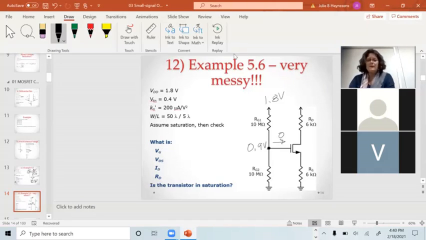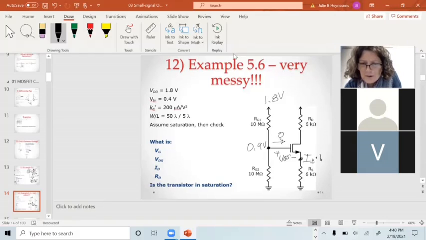I can write an equation here. This is VGS. And this voltage right here, VS, would be ID times RS because it's referenced to ground. This forms a mini KVL loop.